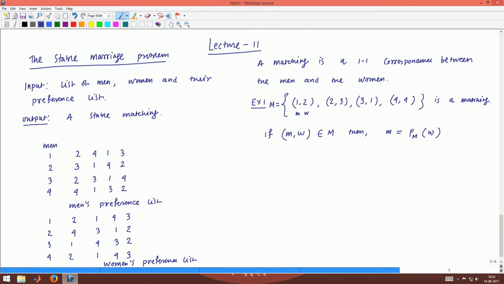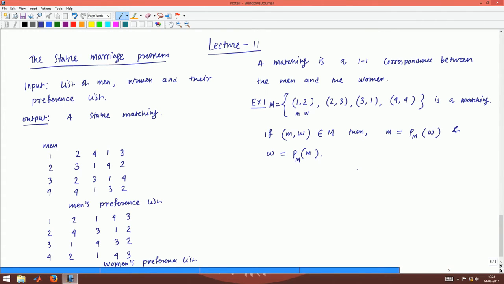That means the partner of woman W in the matching M is man M, and similarly W is the partner of man M in the matching M. So, this is the notation for partner in matching, P_M.